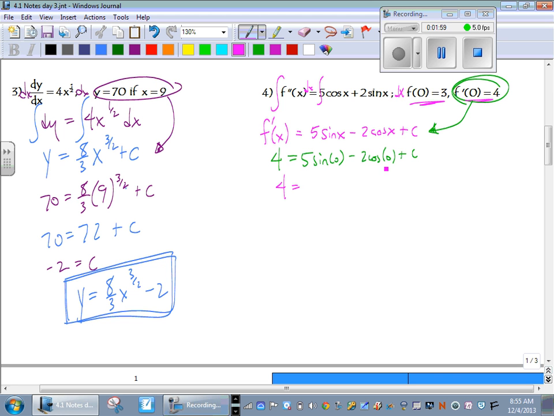That's going to cancel out. Cosine of 0 is 1, so we end up with a negative 2 plus c, which means c is 6. And derivative of f of x then is 5 sine of x minus 2 cosine of x plus 6.